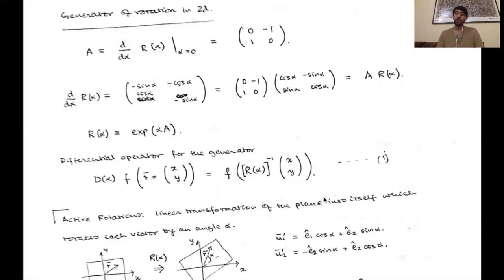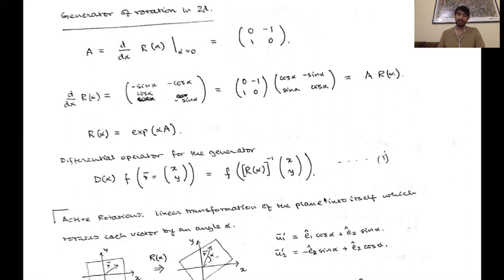So it is going to be d/d alpha of R alpha at alpha equal to 0. If you do this in this cos alpha, sine alpha thing, then you'll find that this is given by 0, minus 1, 1, and 0. So this is what A is.